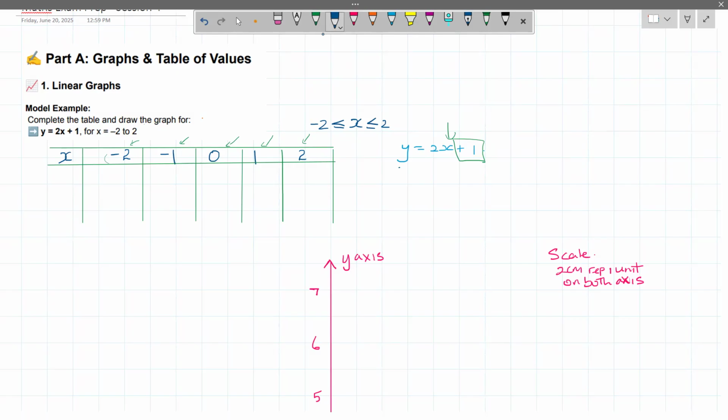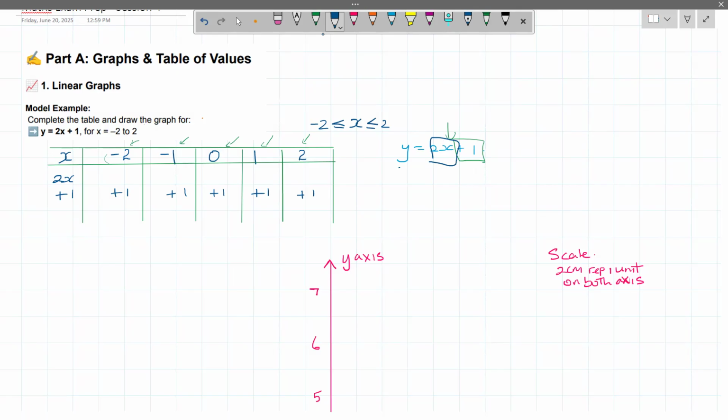So let us break this up into two parts. I'm going to write it vertically, so to speak. So 2x and plus 1. Now, regardless of the value of x, plus 1 will always be plus 1 throughout, right? What I will do here is multiply 2 by each one of these values that x could assume.